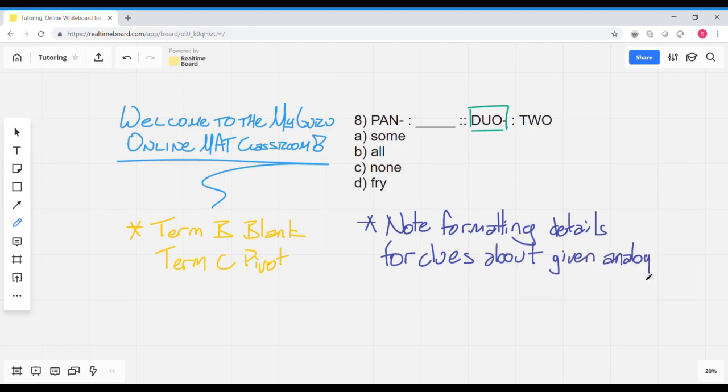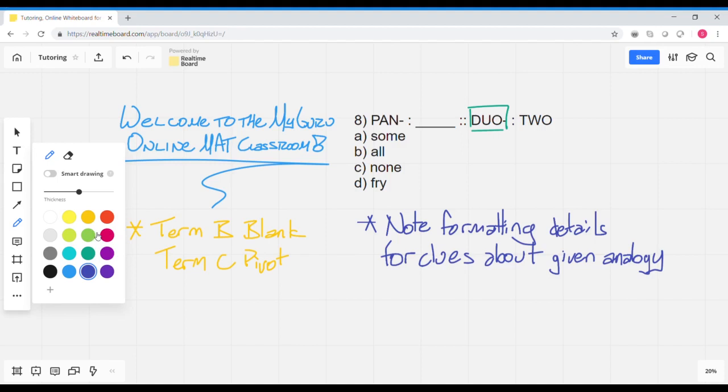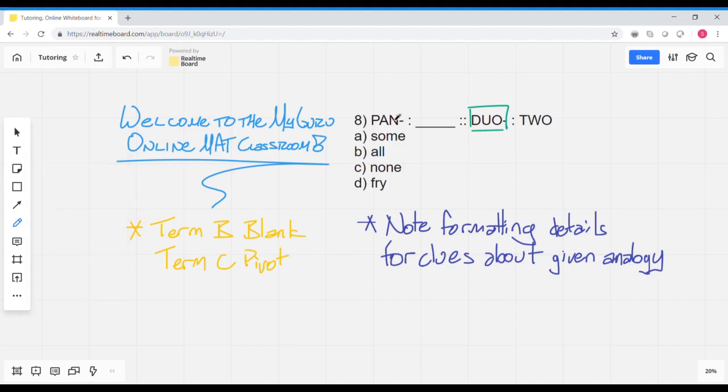Of course, in this case, we're clearly looking at affixes because we've got the hyphenate there. But it also shows that because the blank here is going to be basically in the "to" spot, it means that our blank has to be a non-hyphenate word like "to" is, and it pretty much indicates that duo is going to relate to "to," and pan is going to mean one of these answer choices.